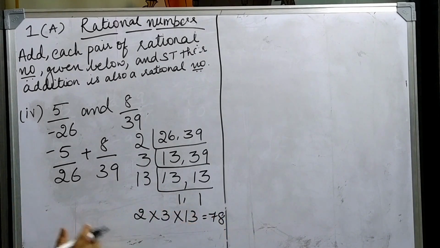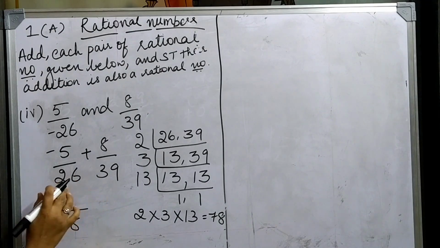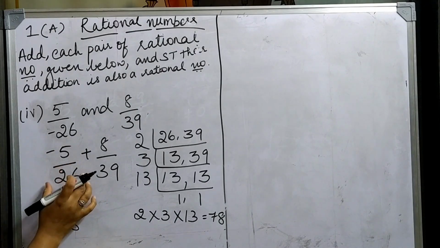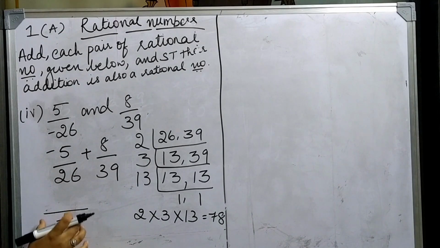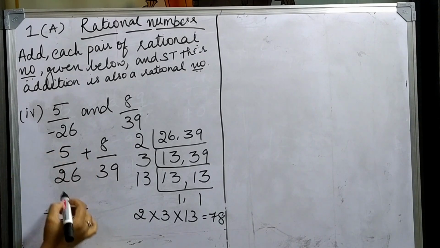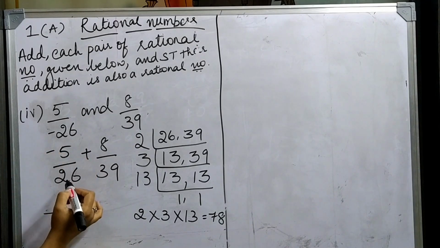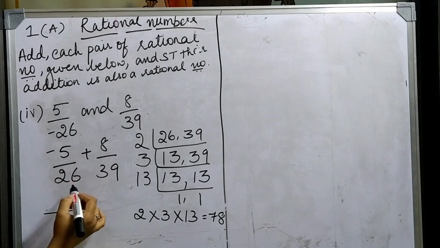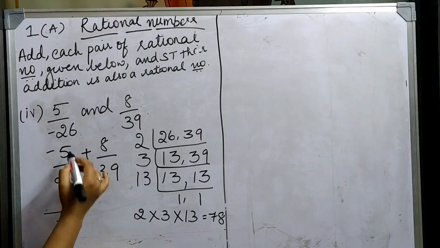Now, in the next step, what will we do? We have to divide the LCM by the denominator of each rational number, and whatever answer you get, you have to multiply it with the numerator. So when you divide 78 by 26, you will get 3. So you have to multiply this numerator by 3.